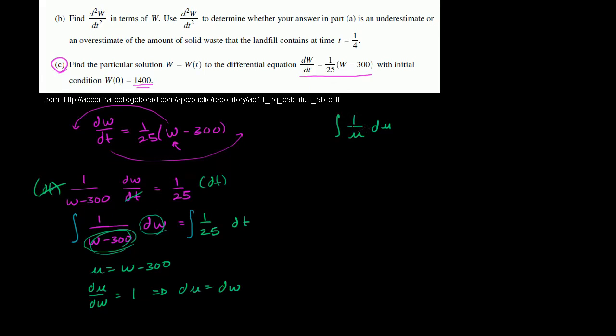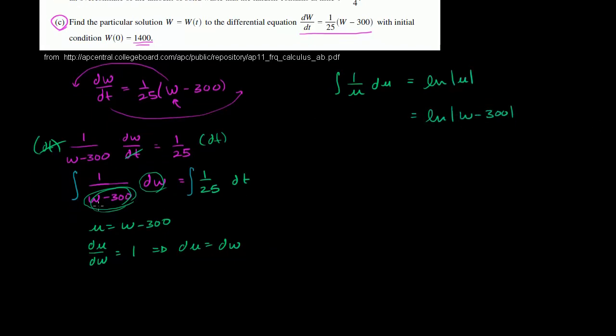And this is one of the basic integrals, hopefully we've learned. This is equal to the natural log of the absolute value of u. Or if you unwind the substitution, this is equal to the natural log of the absolute value of w minus 300. So let me write this down. The left-hand side, you might be able to do that in your head. You say, hey, look, you have w minus 300.